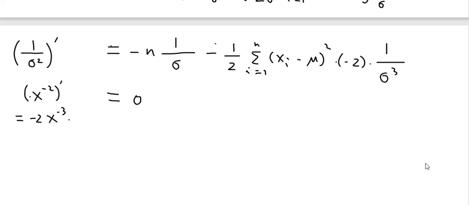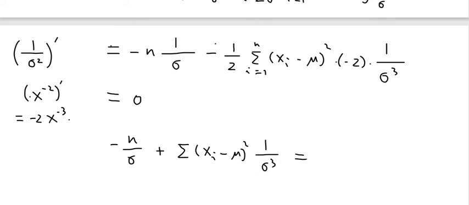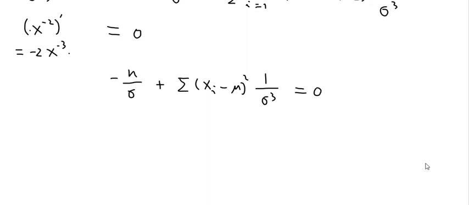This equals negative n over sigma, plus, the half cancels, the summation over sigma cubed, equals 0. So cancel one sigma: negative sigma n plus the summation.